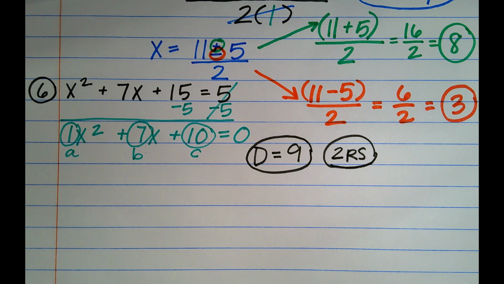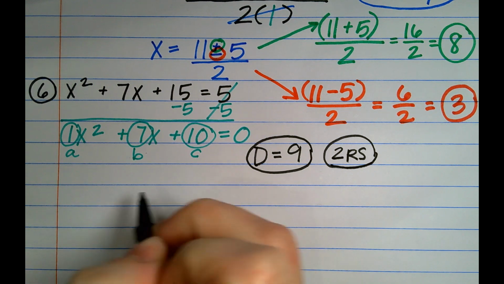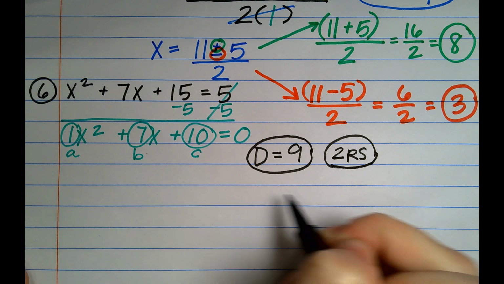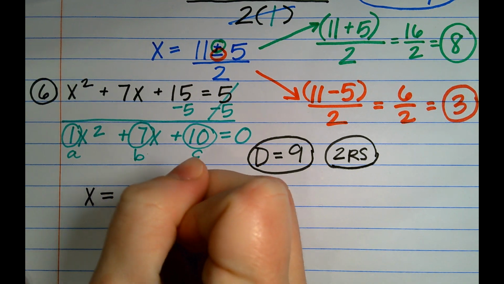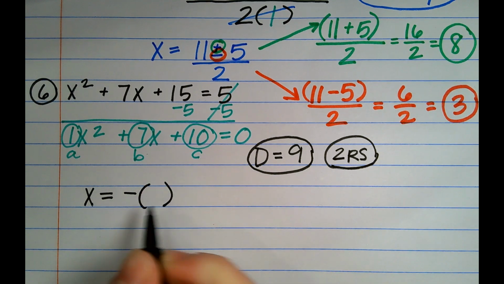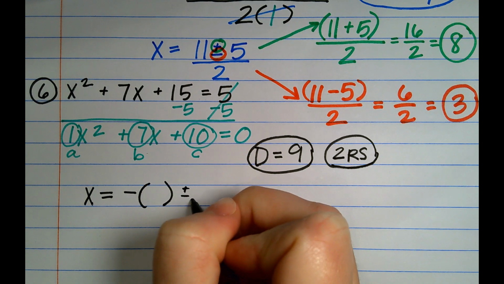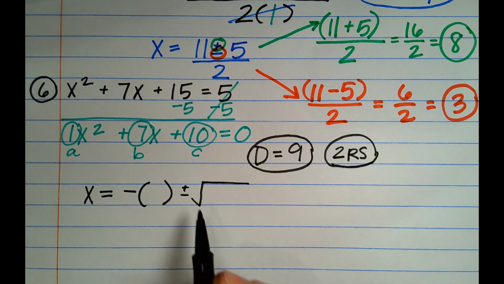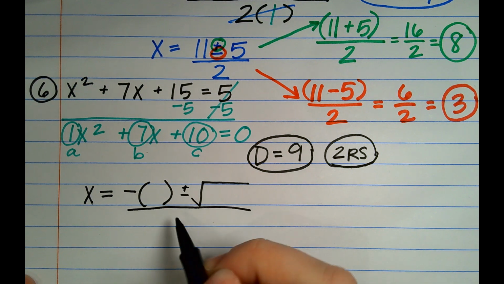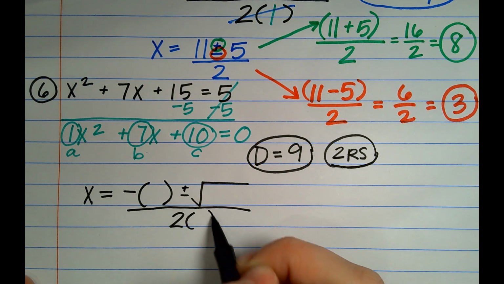Now let's use that simplified quadratic formula. And we'll start plugging things in. We have x equals negative b plus or minus the square root of the discriminant divided by 2 times a.